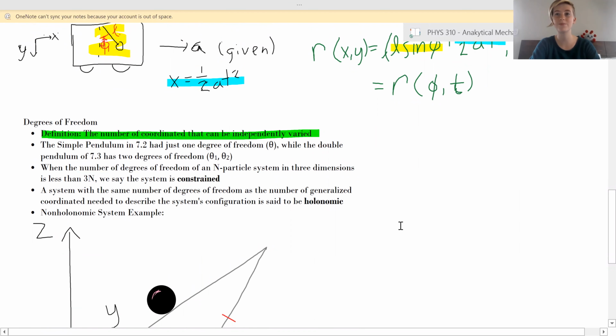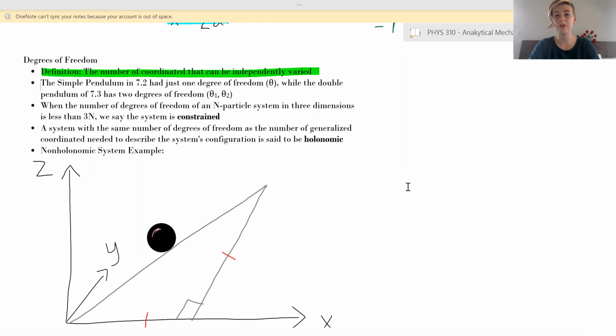So this next part is a bit of definitions. I have them written down, but I'll try to explain them in different words. So degrees of freedom is basically whatever can vary, but not be the thing that changes.